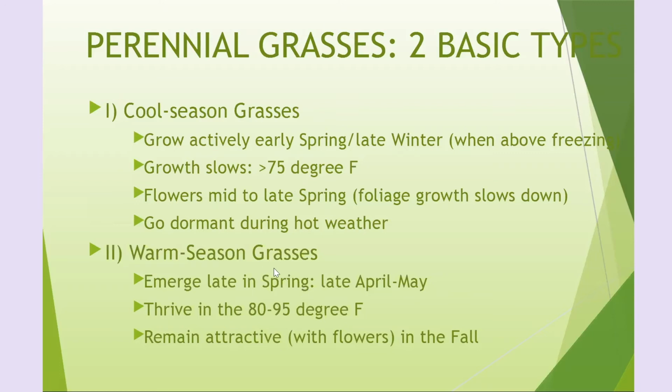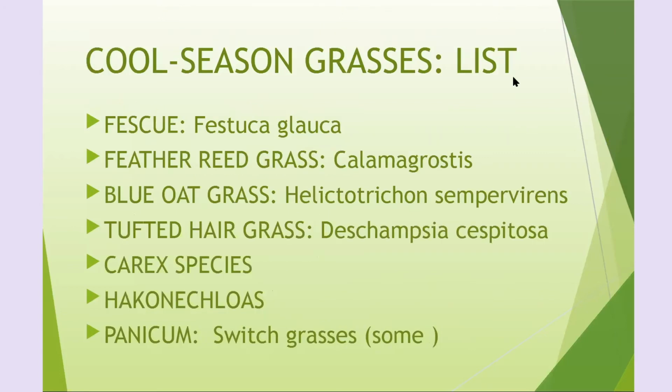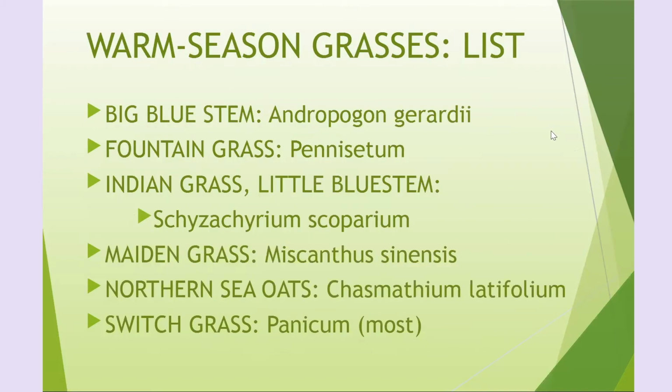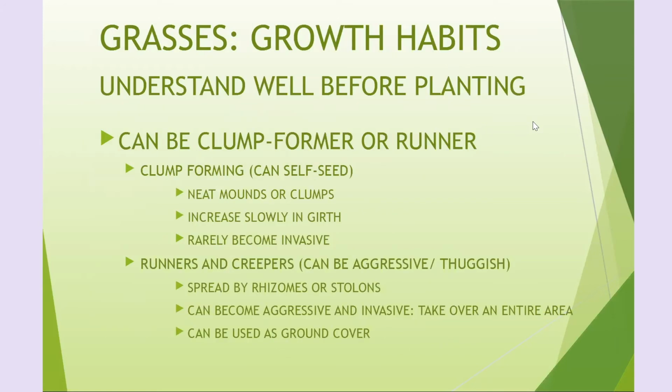The warm season grasses take a little longer to start growing, late April to May, and they thrive in 80 degrees. The inflorescence doesn't start till probably the middle of July, and some of them not until the middle to end of August. And I have a list here for you of cool season grasses and a list of warm season grasses.